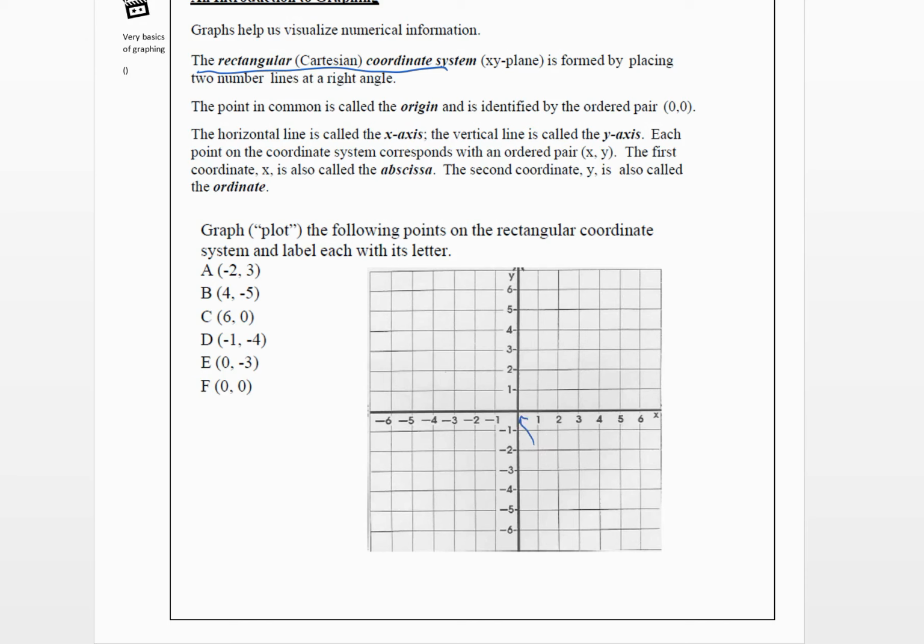So this point right there, that's the origin, and we label it 0, 0. The horizontal axis going across is called the x-axis, and that's the one we'll think of first in our ordered pair. The vertical line is our y-axis, and that'll come second in our ordered pair.